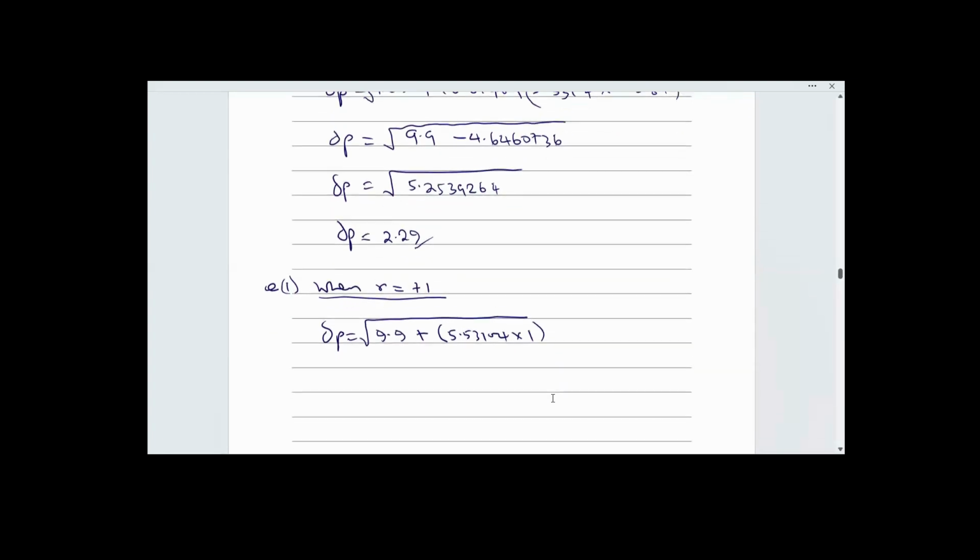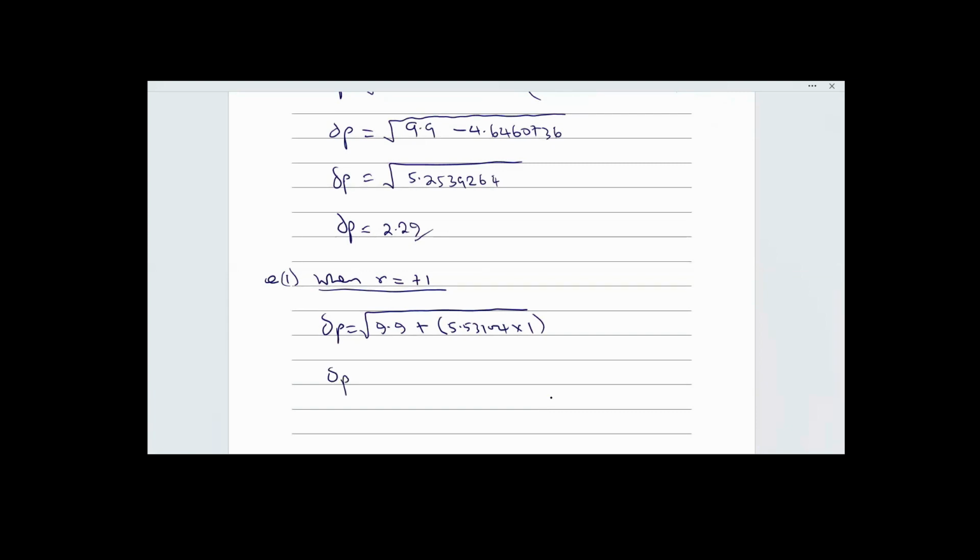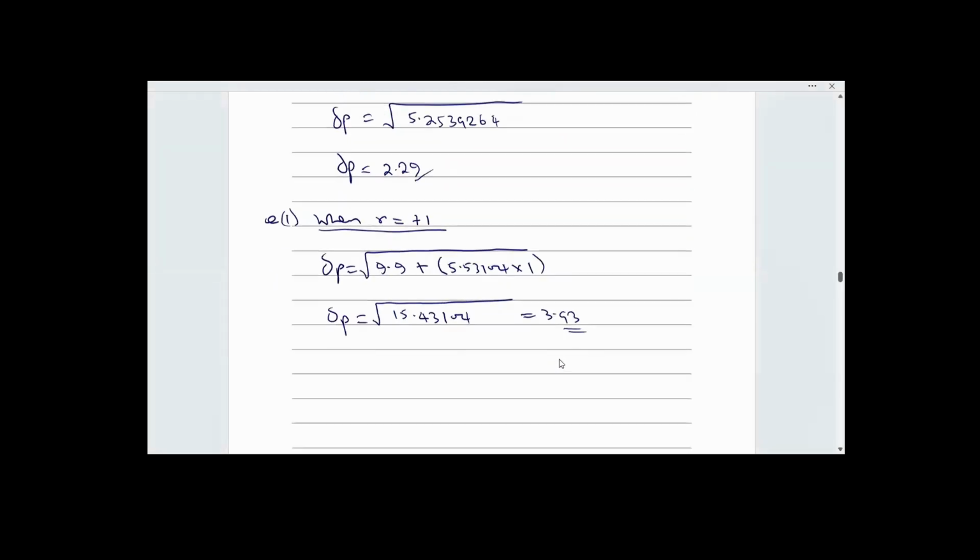So the risk of the portfolio will be the square root of 9.9 plus 5.53104, that's 15.43104. The final answer is the square root of that, which is 3.93. That's the risk of the portfolio if R is a perfect 1.